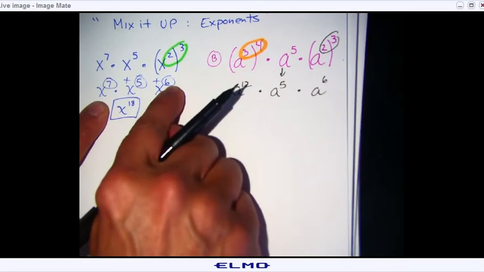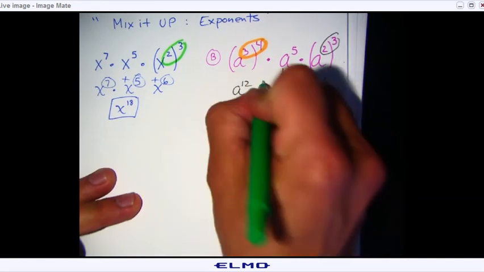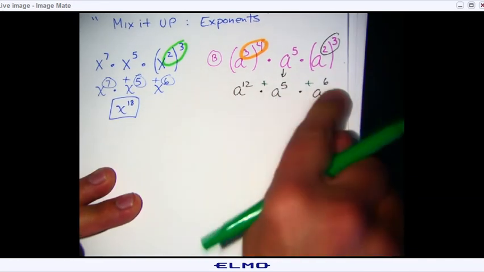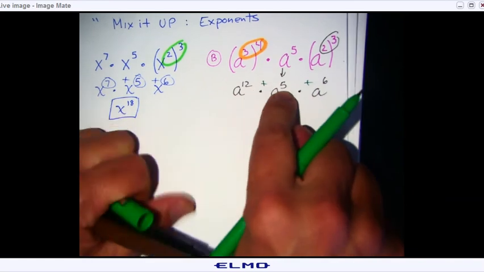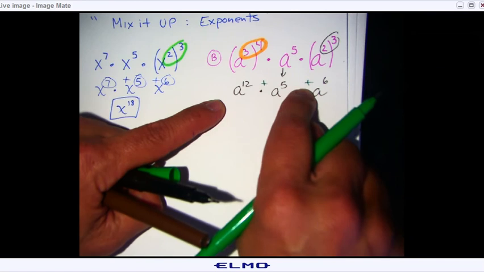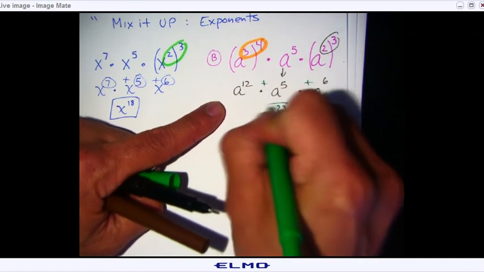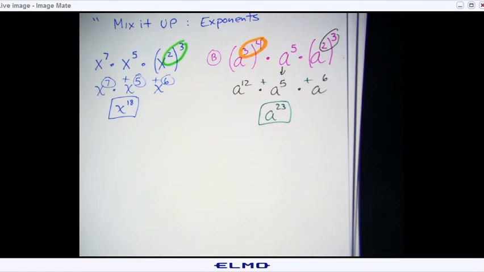So we add them: 12 plus 5 is 17, 17 plus 6 is a to the power of 23. See that? So we're mixing it up, just like music.